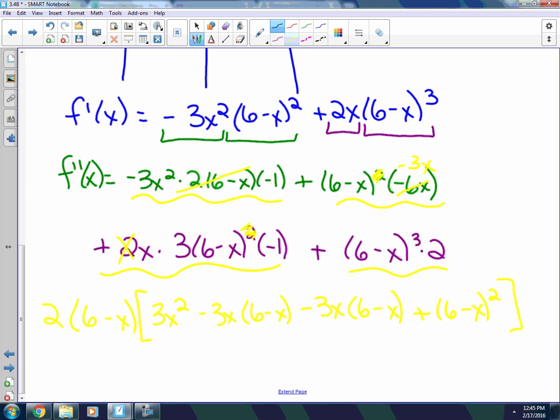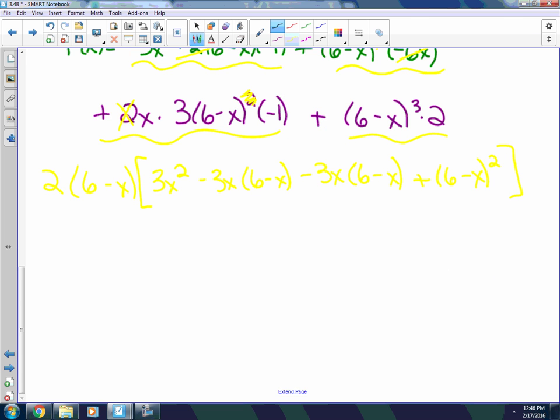Okay, now, here's what you need to decide. What are we ultimately doing with the second derivative that we started a year ago? We're plugging our critical numbers in. You decide where you want to simplify it to plug your critical number in. You want to stop at the yellow? One more? Okay. What do we want to do for this one more step? Okay. So then we'll have 2 times 6 minus x.